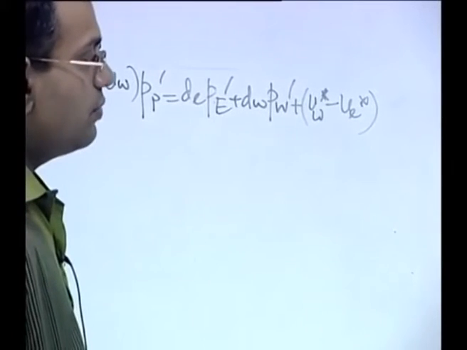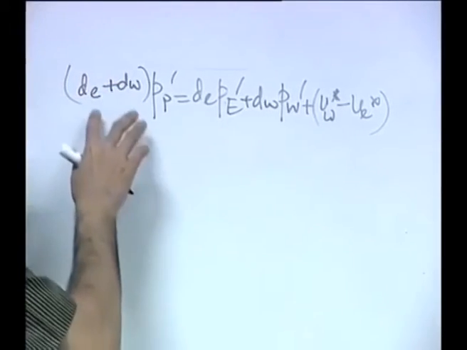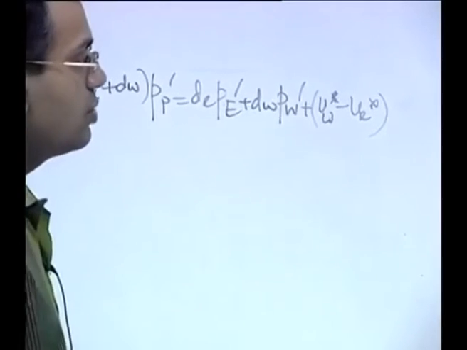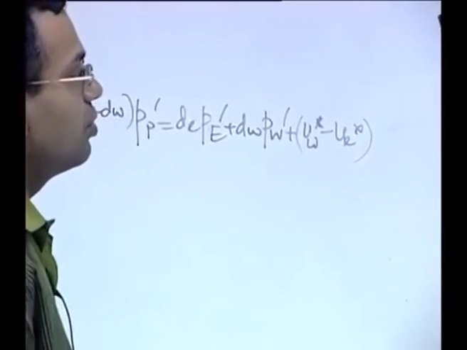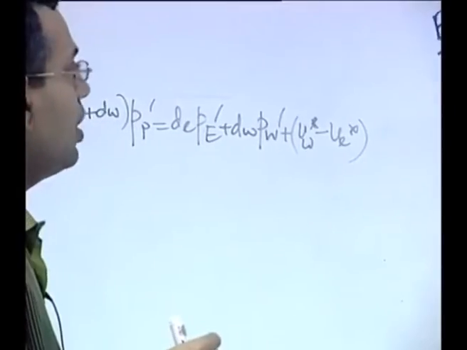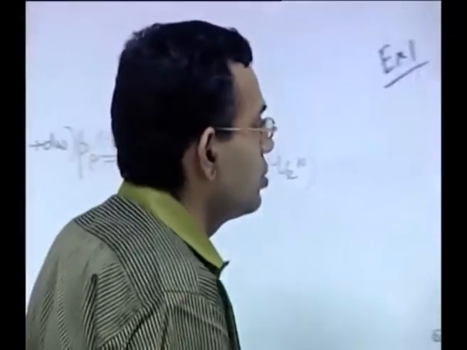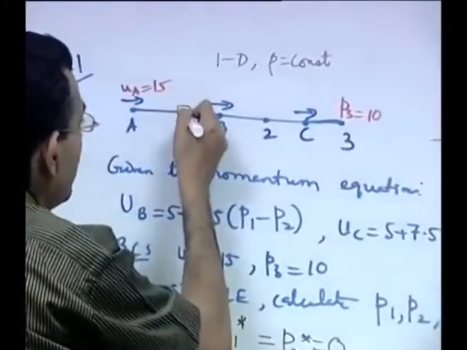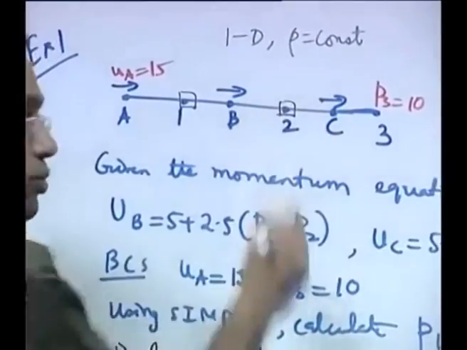So, in place of dE and dW, what are the values you will be putting? It depends on which grid points you are solving for. One is for 1, another is for 2.